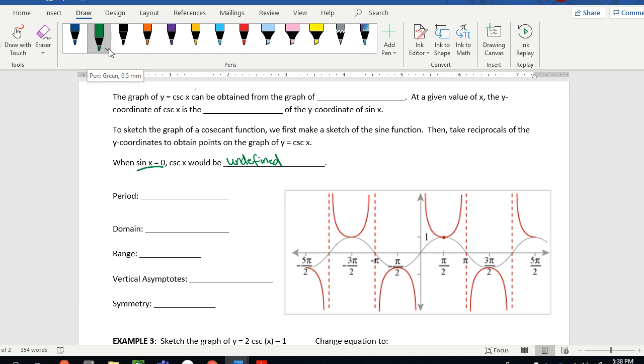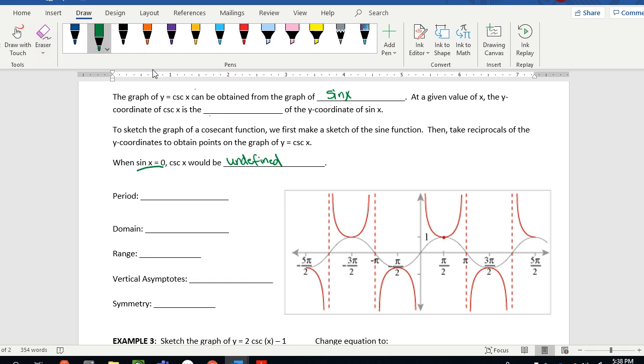Cosecant x is the inverse of sine of x. So we're going to graph the y-coordinate of cosecant x as the reciprocal of the y-coordinate.